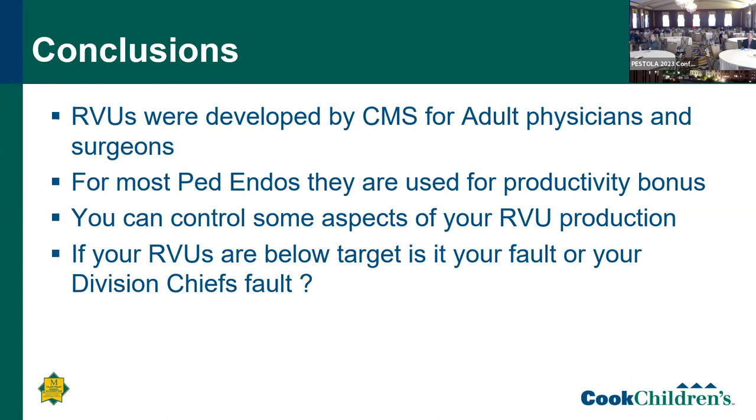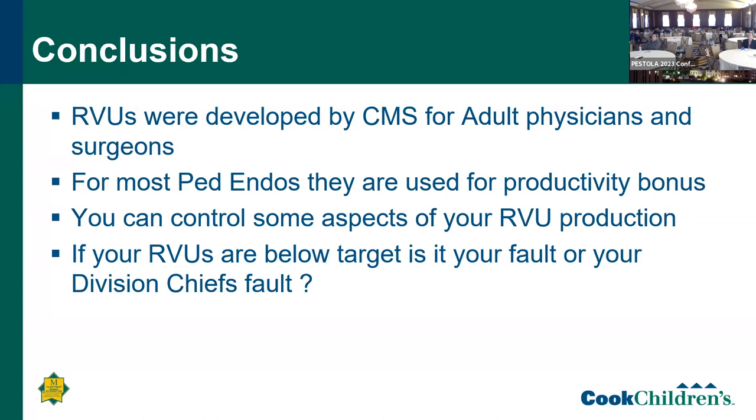It's important to remember that RVUs were developed by CMS for adult physicians and surgeons. They weren't developed for pediatricians. They were primarily developed for surgeons, and you can see that if I'm a well-trained ENT physician and I am doing 10 tonsillectomies or adenoidectomies, whatever, putting ear tubes in, and I can do each one in 6 minutes, and I've got 3 OR rooms lined up, so I just walk in, put it in, go into the next one and the next one.